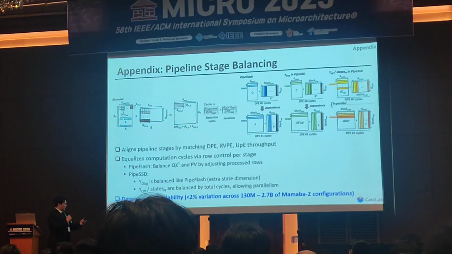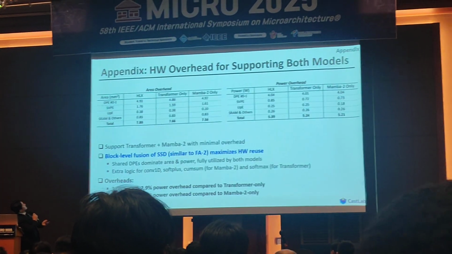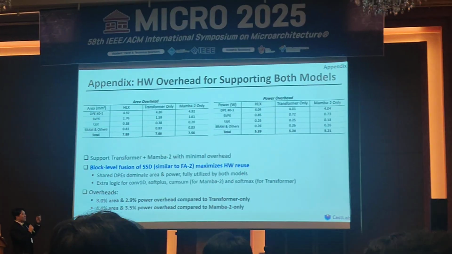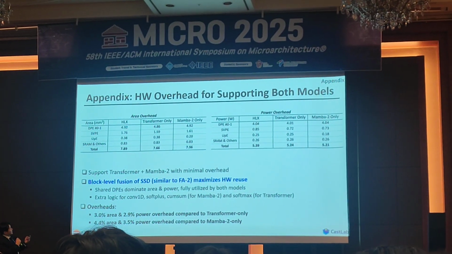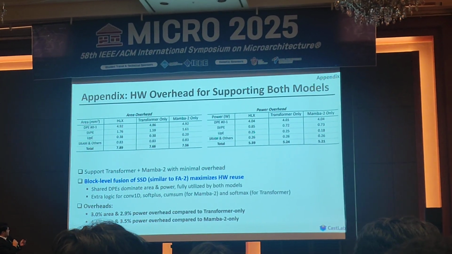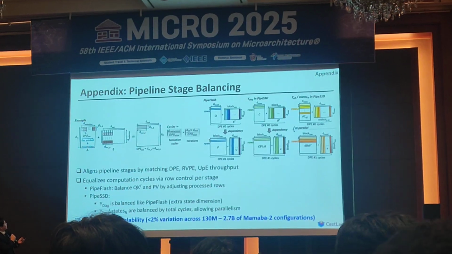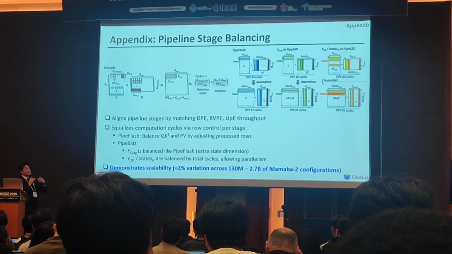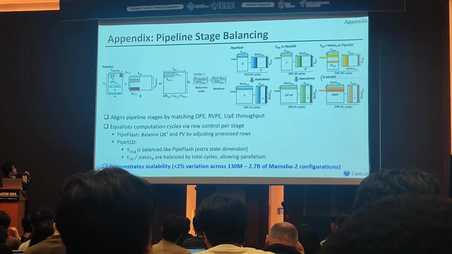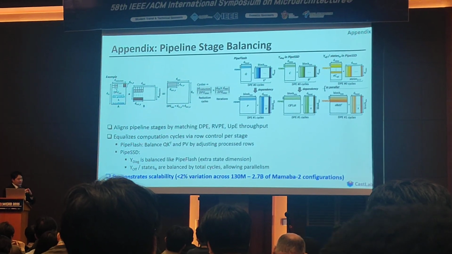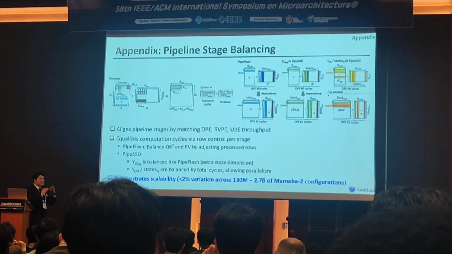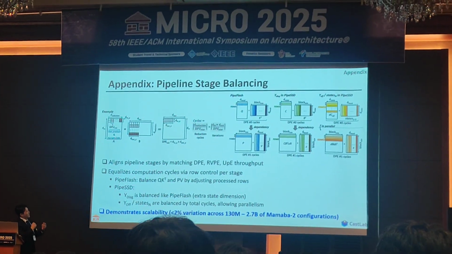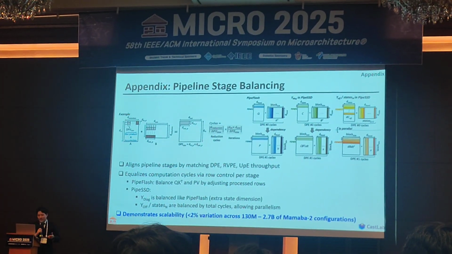And as you can see in this figure, DPE occupies a large area and consumes large power. So we first set the standard with DPE and match the throughput with RVPE and UPE.